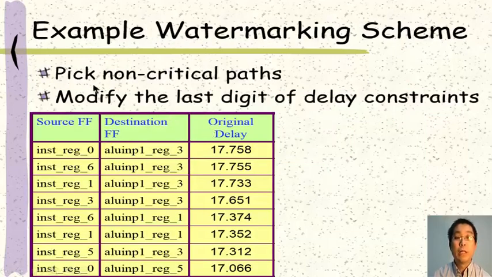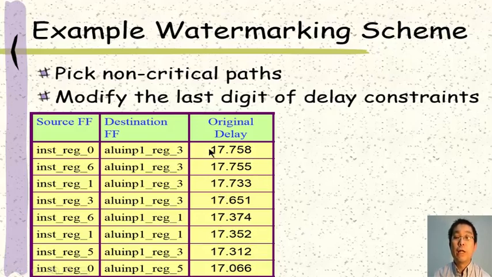So what we do is after we finish the optimal design, we try to select non-critical paths. So for example, the first column shows the starting flip-flop, and then the second column shows the destination flip-flop. And then the third column shows the delay in the optimal design from this source flip-flop to the destination flip-flop. And none of these delay are critical in the sense that the critical delay are all shorter than these delay constraints.